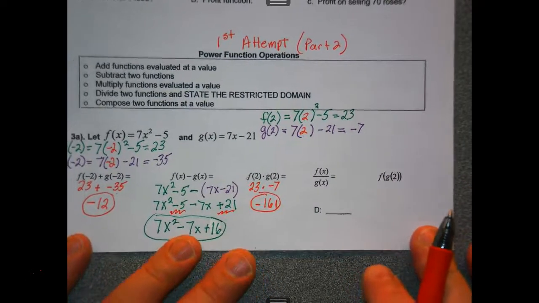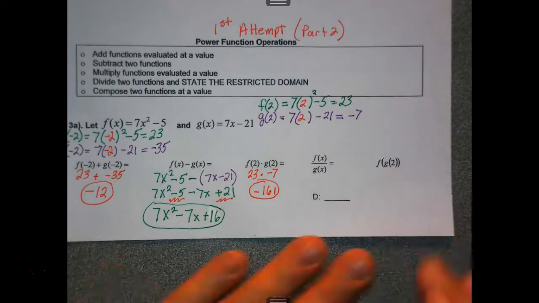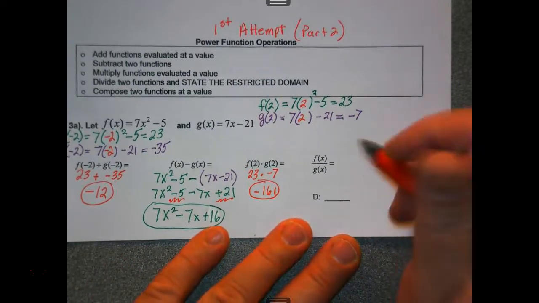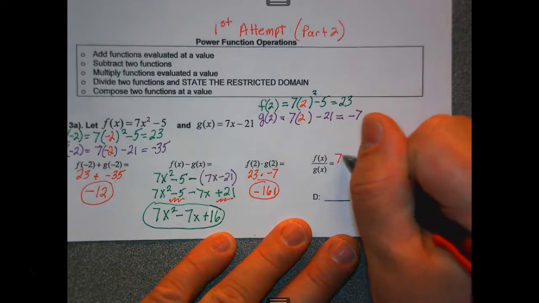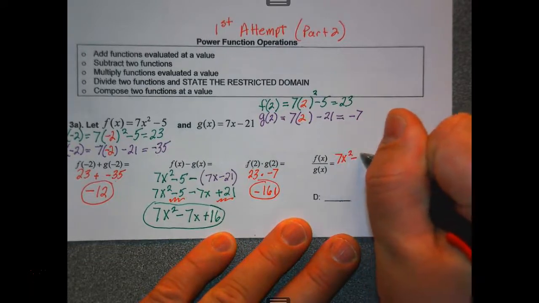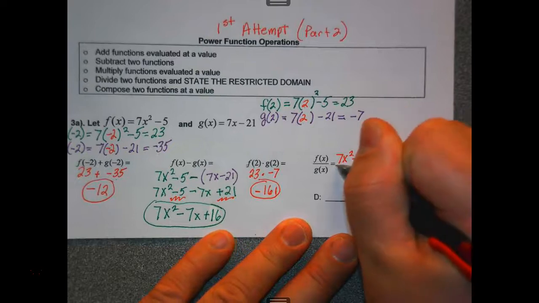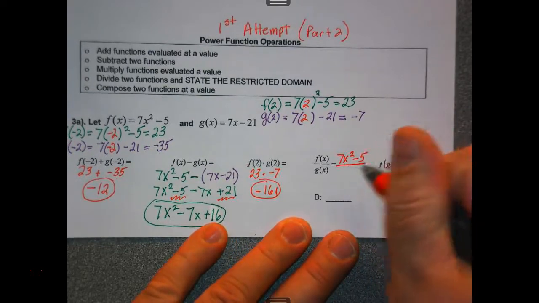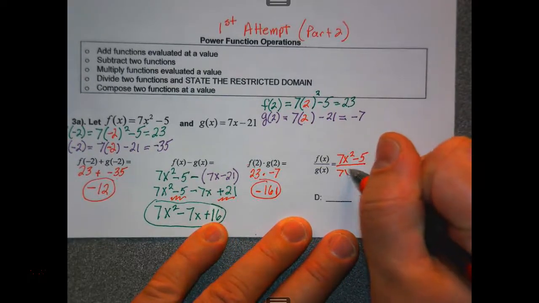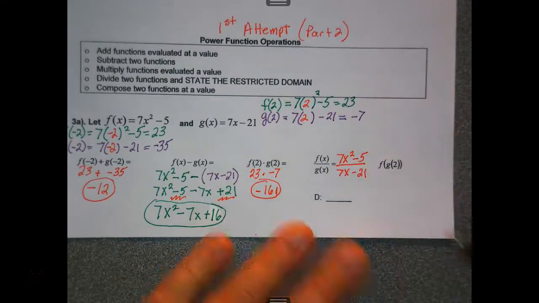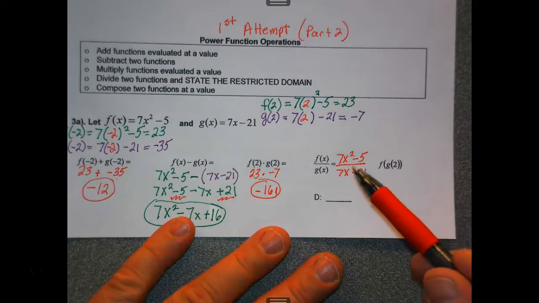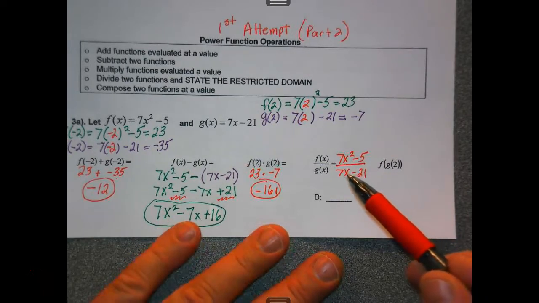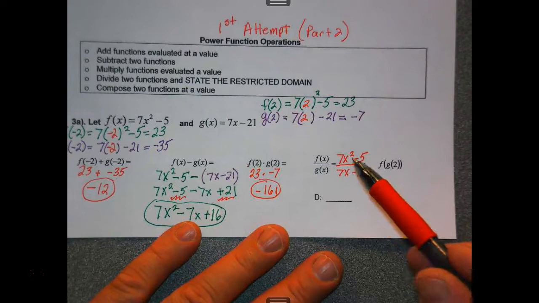Okay, next one. The f of x divided by the g of x. The f of x is 7x squared minus 5. The g of x is 7x minus 21. Can I cancel anything out here? No, I can't.